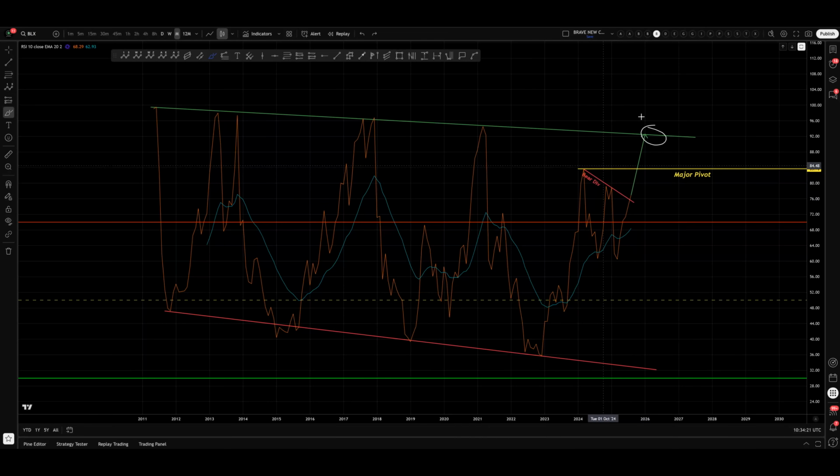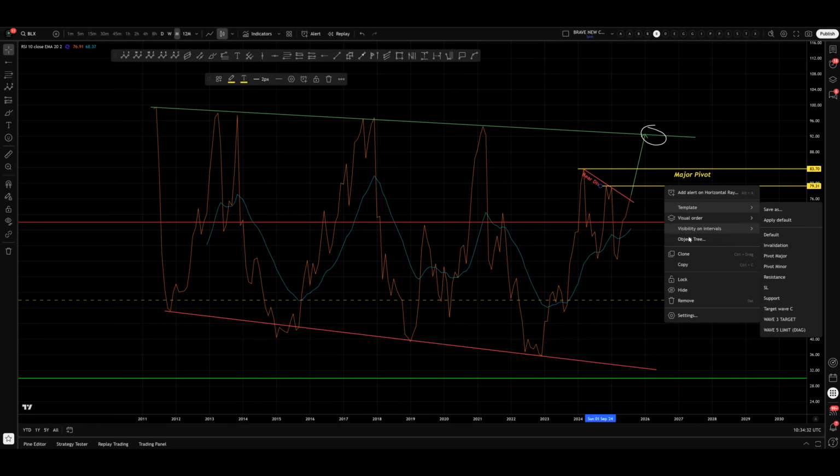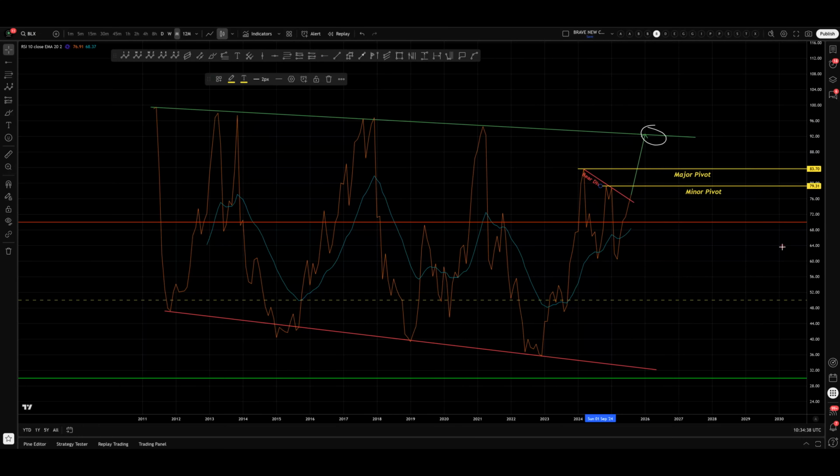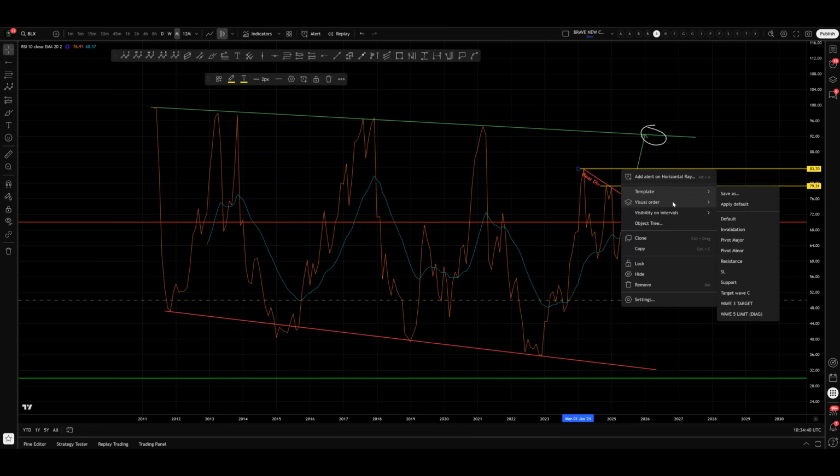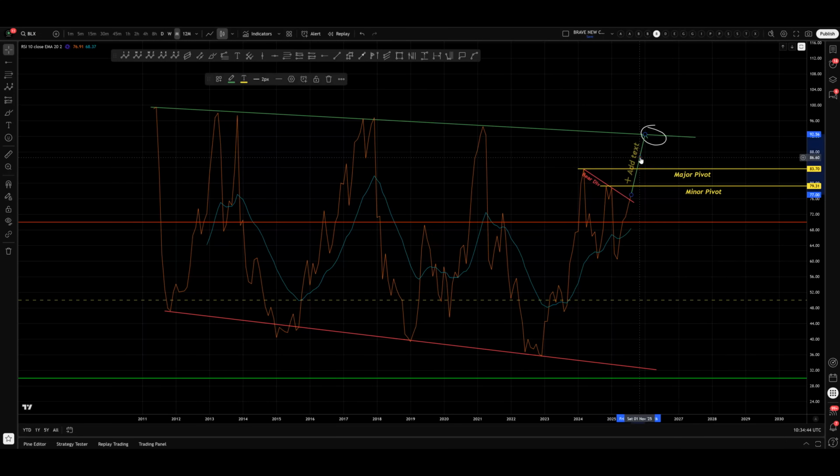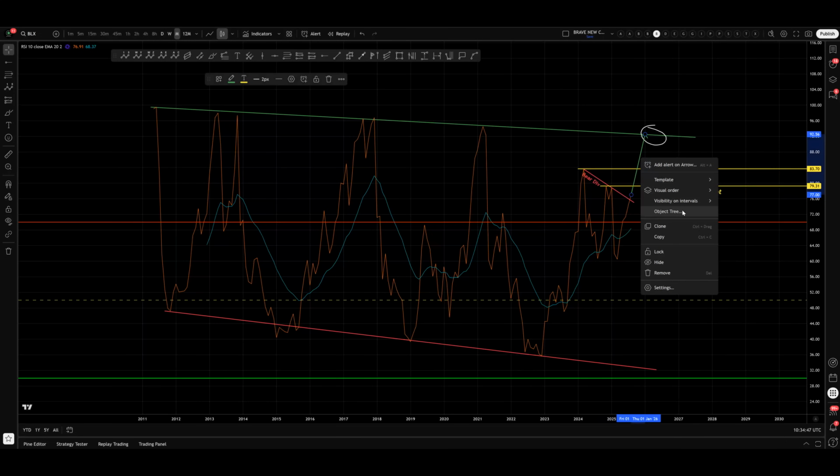So, if we are breaking out of this little downward trend now, we would very much like to clear, we'll say, minor and major pivots. And what we'll do is we'll say we only want to see this on the current interval only. It's only relevant to the monthly time frame.